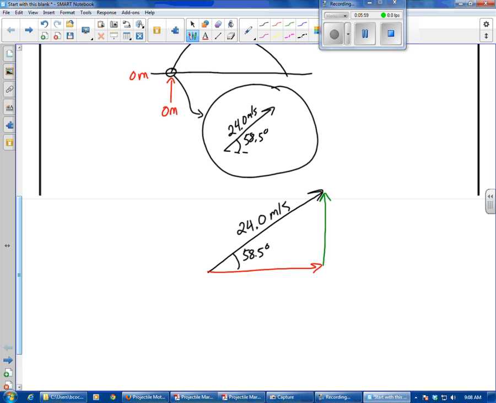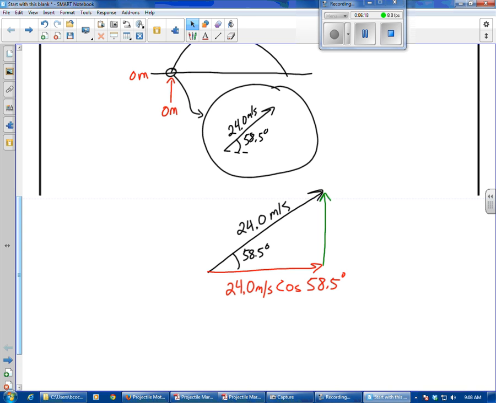So the adjacent side to that angle, and adjacent is always related to cosine, is 24.0 meters per second cosine 58.5 degrees.